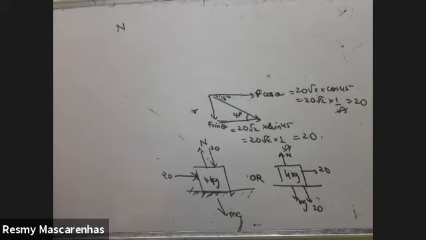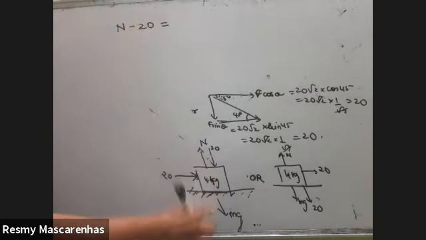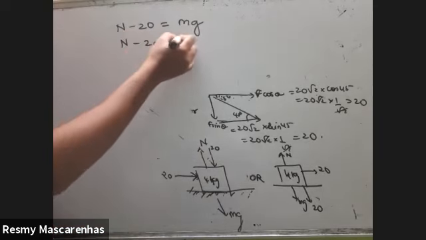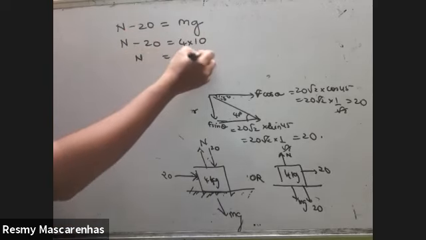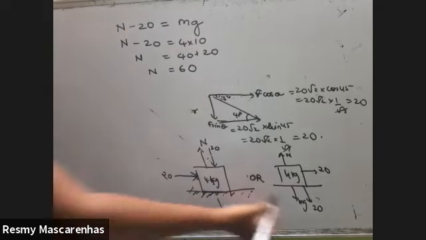If you are taking one positive, the other one will be negative. So if this you are taking positive, this one will be negative, equals to mg. N will be 60.